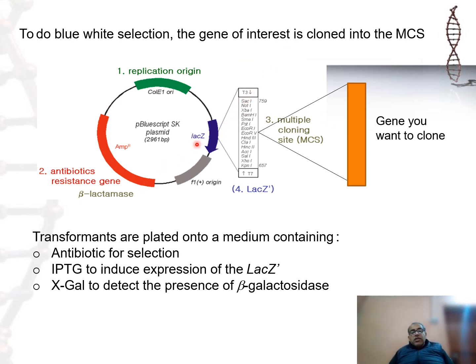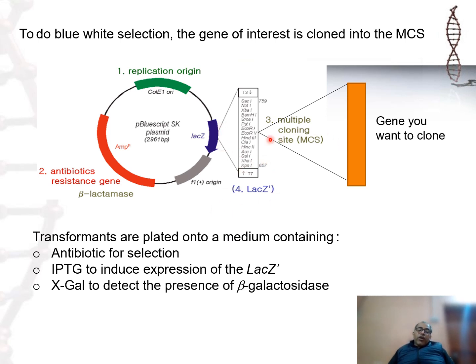When your particular insert is cloned inside those multiple cloning sites, the LacZ gene will be disrupted, and ultimately it would not be able to produce active beta galactosidase. When active beta galactosidase is not produced, that results in a white colony.